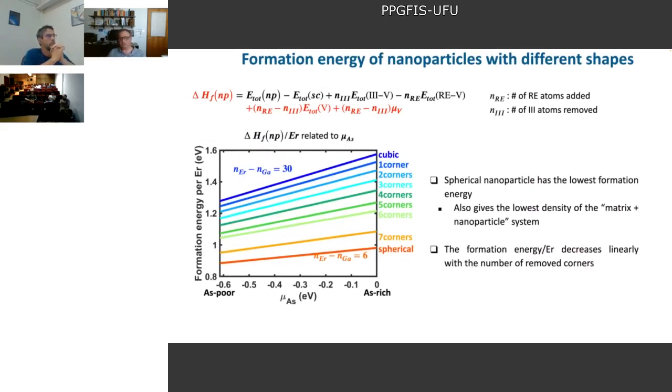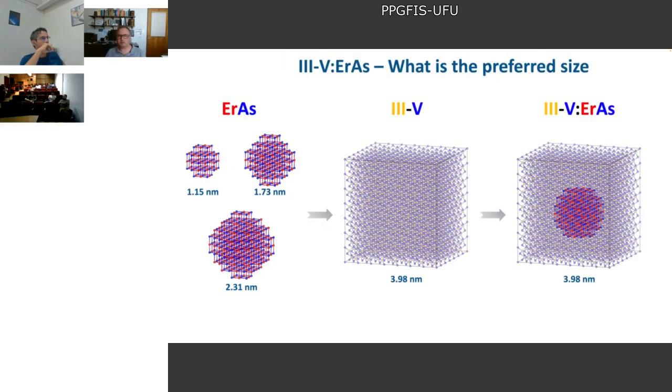So essentially, the system prefers spherical nanoparticles, which also gives us the lowest density of the matrix plus nanoparticle system. I think this is consistent with the experimental data, where they see more or less spherical shapes, but experimentally they say they can also see some elongated particles as well. We didn't consider that here.